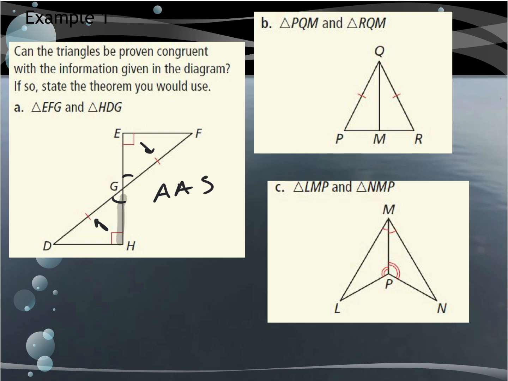Because angle, angle, side is one of the theorems, these 2 triangles are congruent by the angle, angle, side theorem.